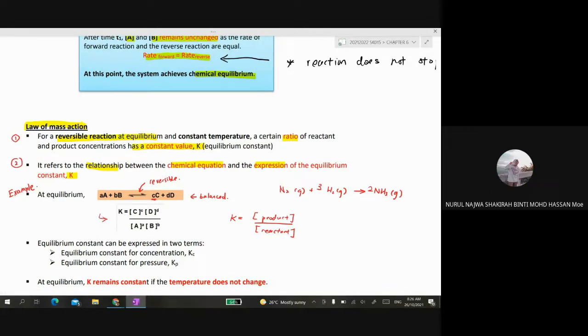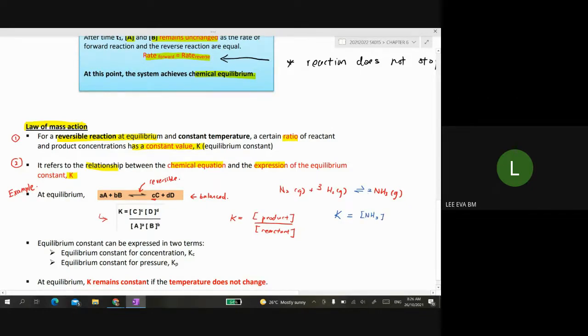Agree, yeah. Okay, so if I want to get the K expression over here, who is the product in this case? Sorry, let's say I made a mistake here. It is a reversible reaction. So who is the product? NH3. Okay, so we want the concentration of ammonia gas.